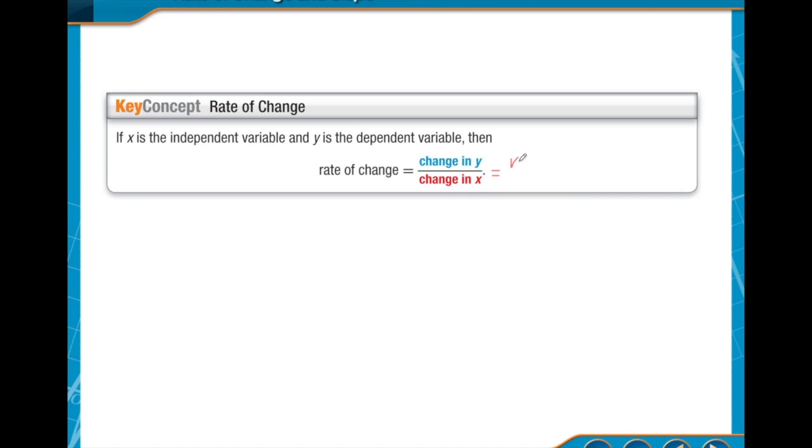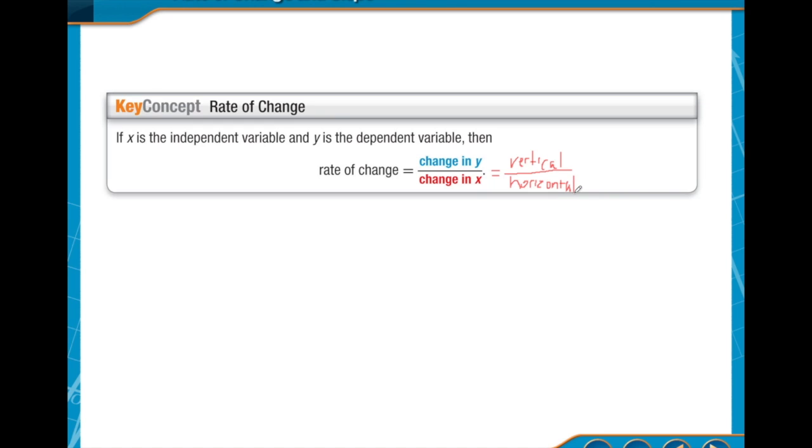Another way to think about that is our vertical change over the horizontal. And another way you can write that is with the arrows to signify the direction that we're talking about here.